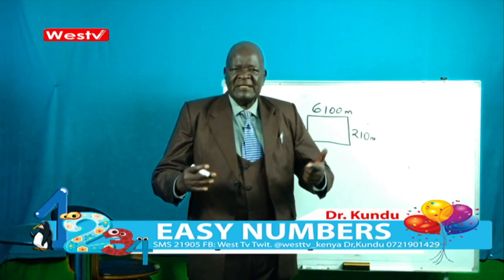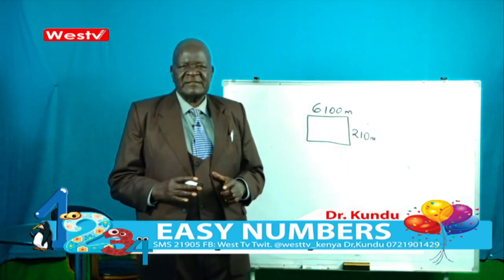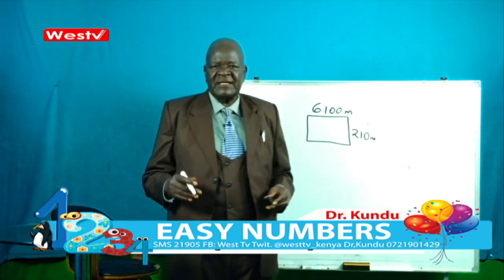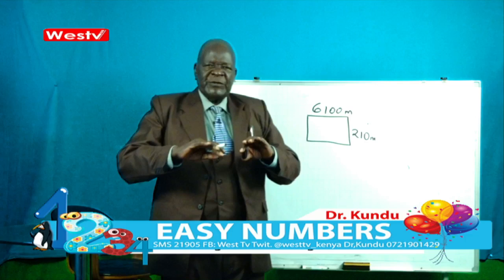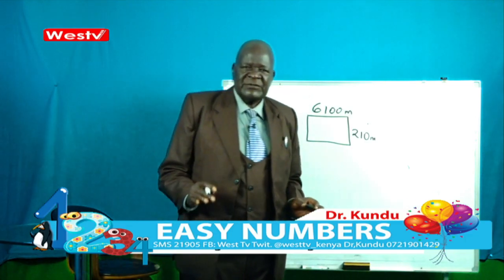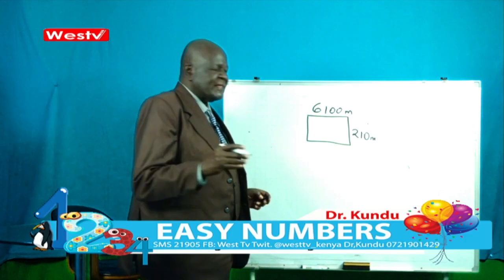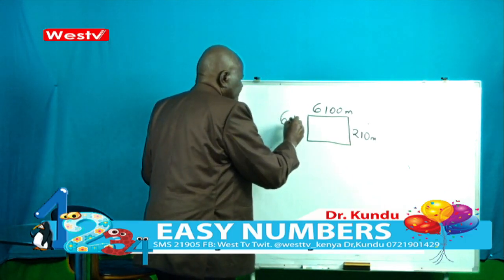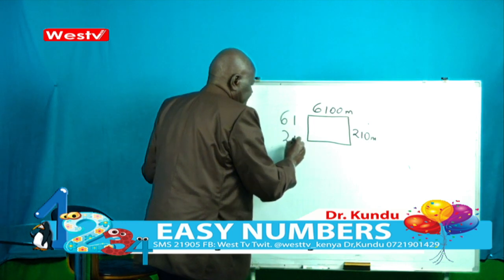So how do we multiply numbers that end in zeros? I had taught earlier, and I'll repeat in future lessons, that you ignore the zeros, put the zeros aside, so that your only problem at this moment becomes 61 and 21.